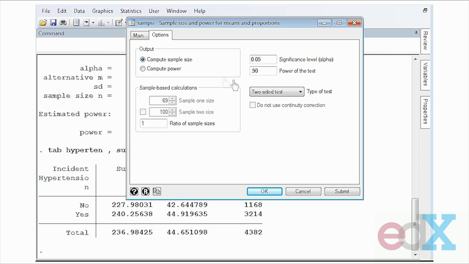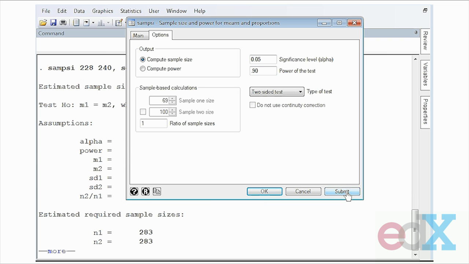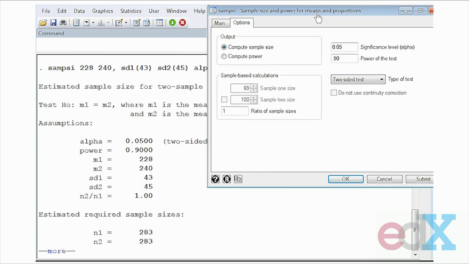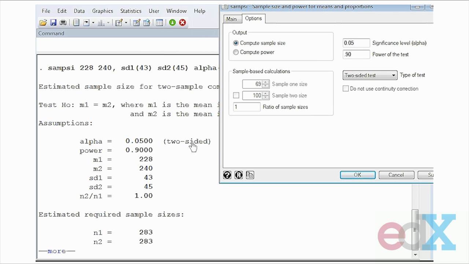First let's compute the sample size to get a power of 0.9 and submit that. And what do we get? We get that if we want to detect this smaller difference, let's say 12 units, then when the standard deviation is 43, we're going to need a sample size of 283 from the first group and 283 from the second group.